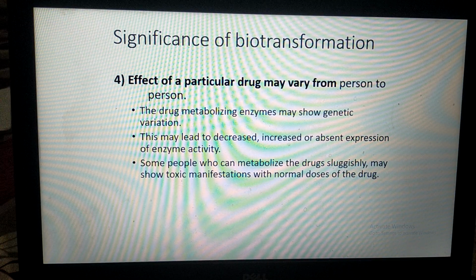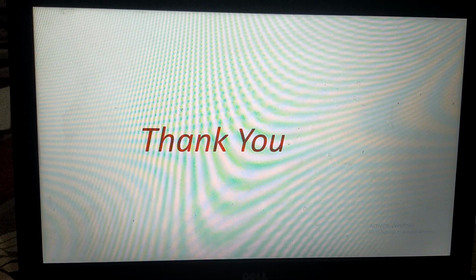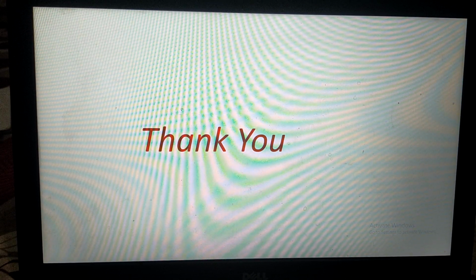This may lead to decrease or absence of expression of enzyme activity, and some people who metabolize the drug sluggishly may show toxic manifestations with normal doses of the drug. In such persons, we have to adjust the doses according to the patient's need. So this is about biotransformation of xenobiotics and their disease. Thank you very much.